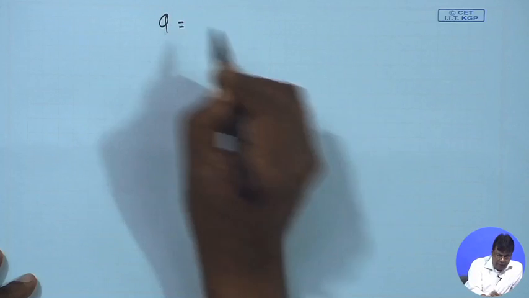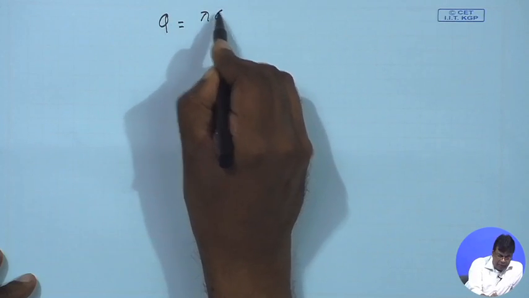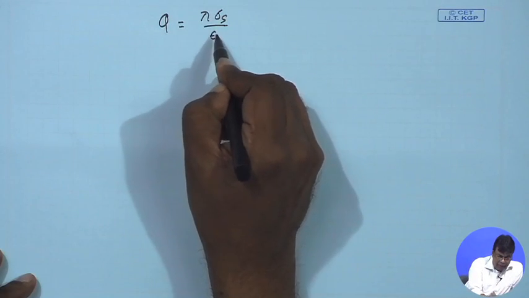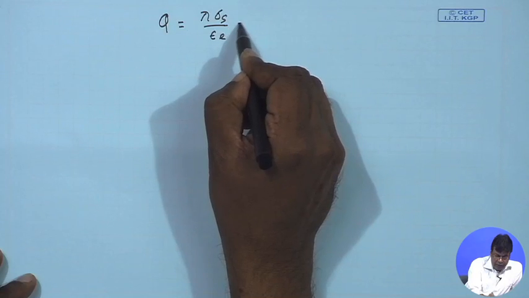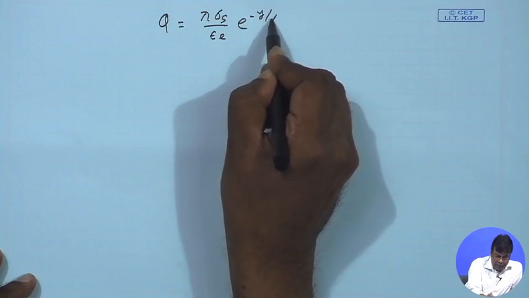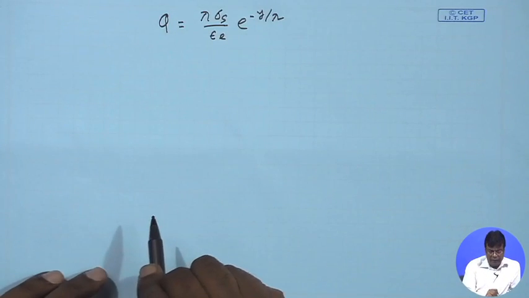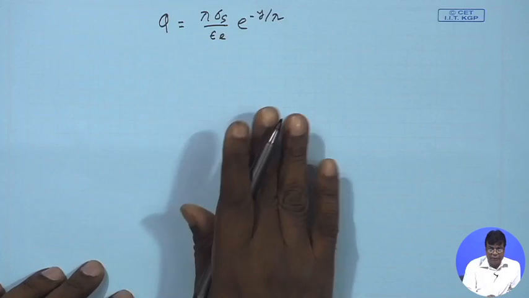Okay, let us go to the next page. So phi becomes lambda sigma s by epsilon E e to the power minus y by lambda, where sigma s is the surface charge density.